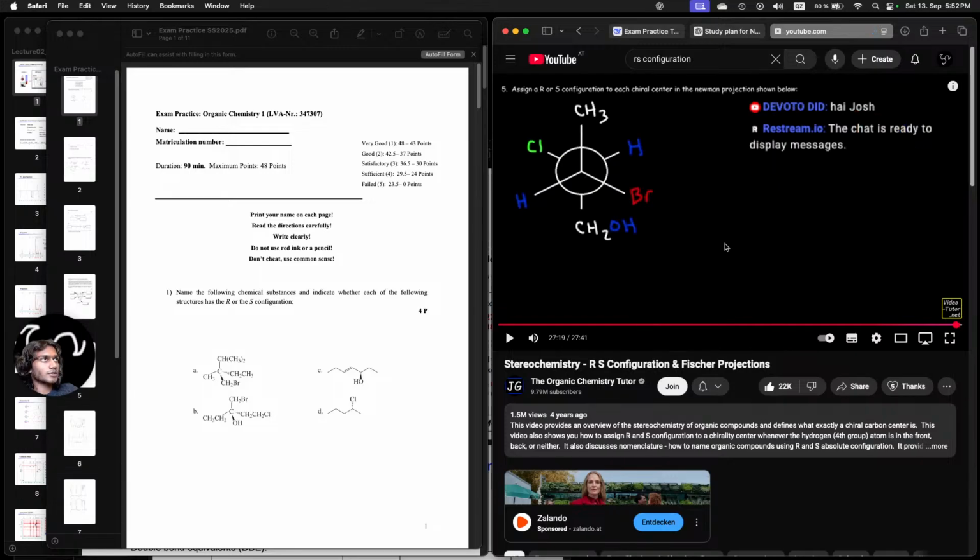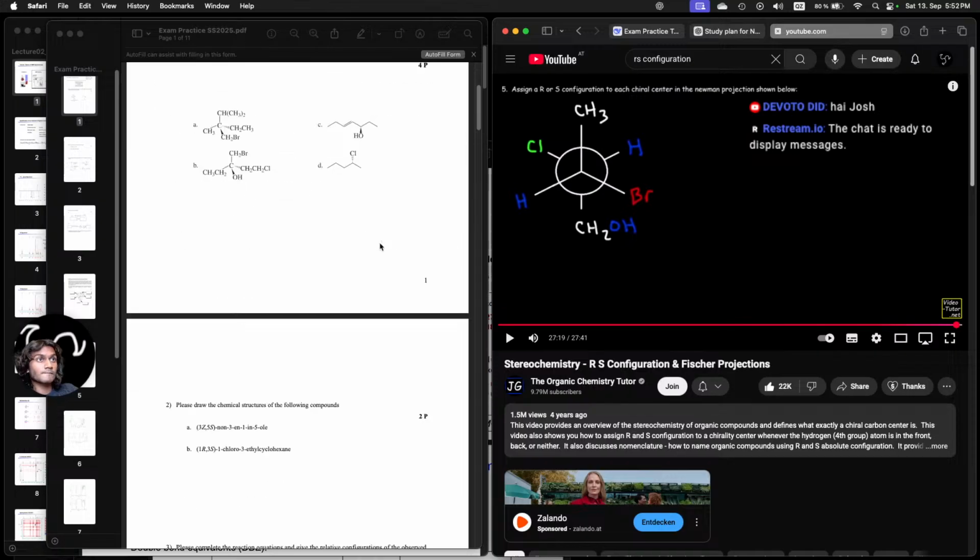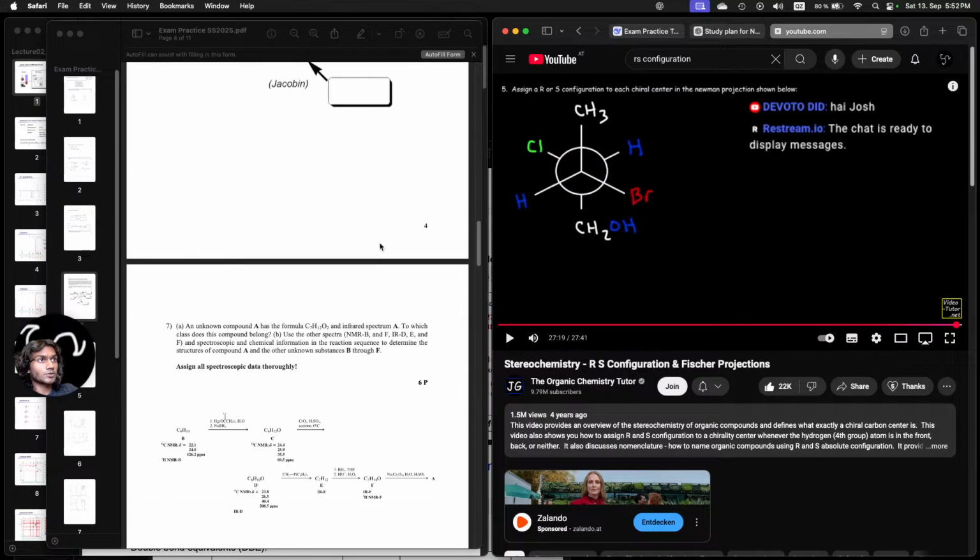Assign R/S configuration to each chiral center in the Newman projection shown below. What the hell? I think it's 2 carbons between these two, or? Do we have a question like those?